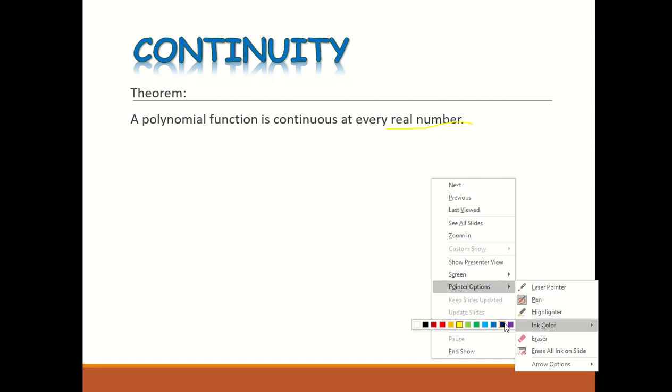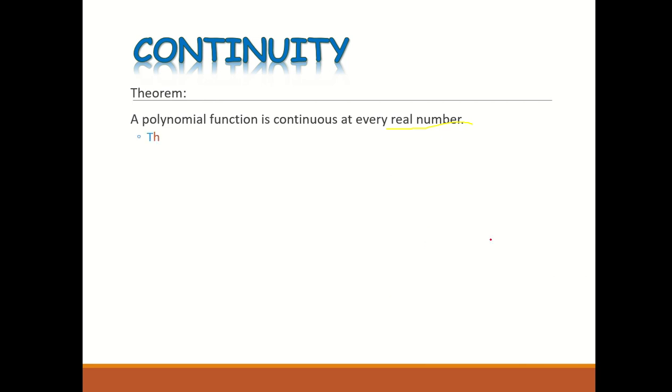I'll change the color here. So for example, if you have the function f of x equal to x squared plus 2x plus 5, it means that for every real number that you substitute into this expression, you will always get a corresponding f of x.